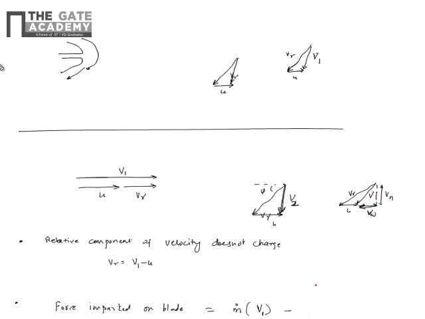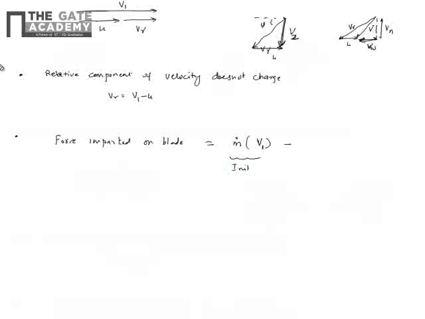So this is the initial momentum of the fluid, minus the final momentum in the same direction. The final momentum is in the reverse direction, so minus m Vw. How do I now convert these v1s and v2s?